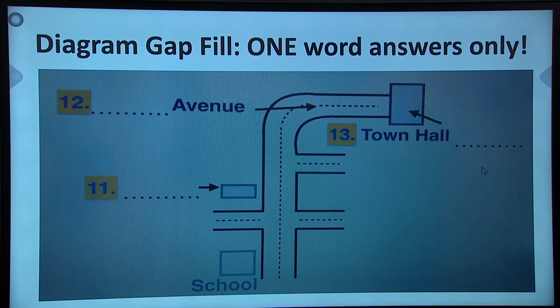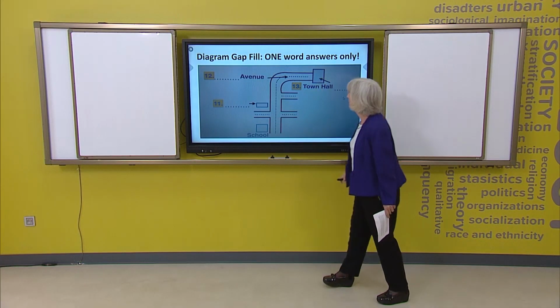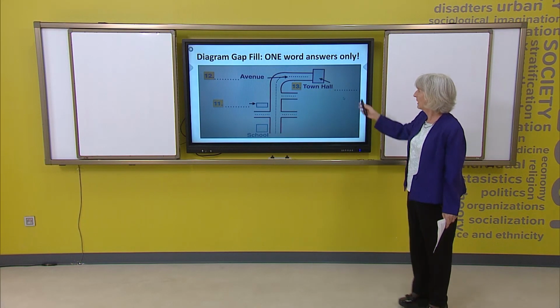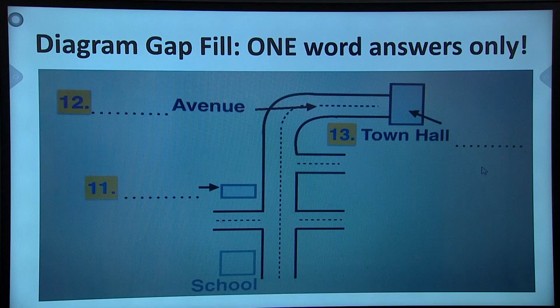When you see this diagram on your page, you will follow the numbers that you see. So, for example, we have number 11, 12, and 13 here. So obviously number 11 is the first thing you are going to fill in, then 12, then 13.